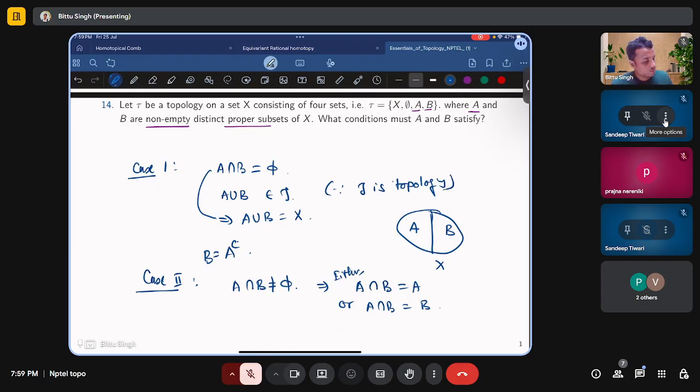So in this case, we get a chain like this: empty, then A. For the first one, we get a chain empty, which is contained in A intersection B, which is A. That means B is smaller.